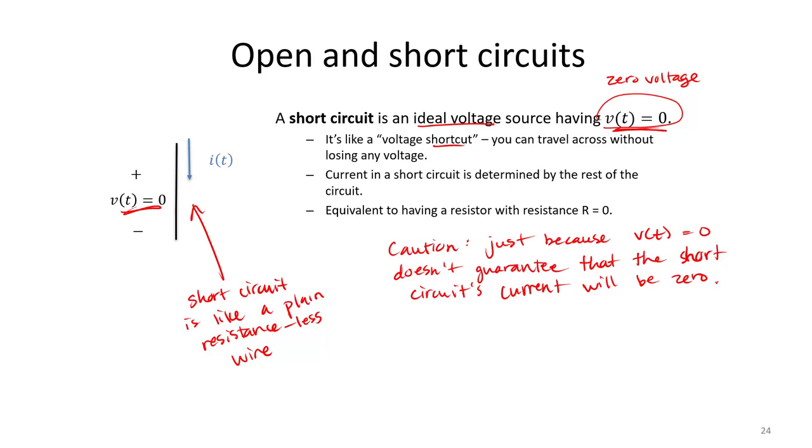Sometimes a short circuit will have a non-zero current flowing through, so be careful. It depends on the rest of the circuit. And physically, it's very similar to having a resistor with 0 resistance.